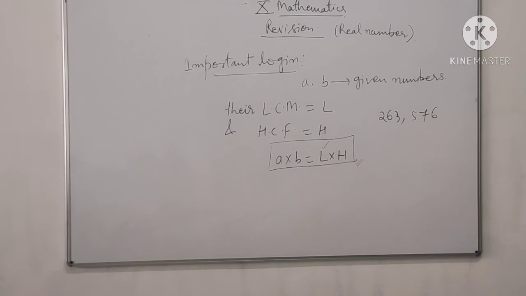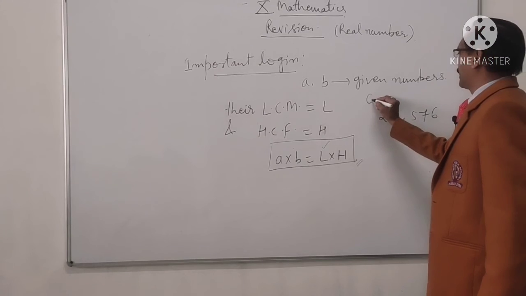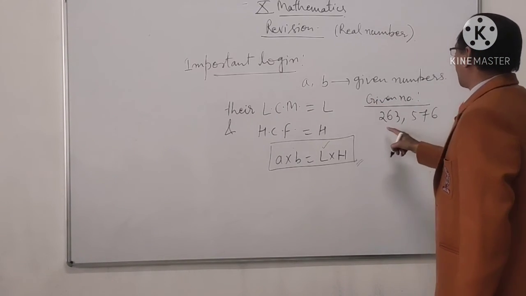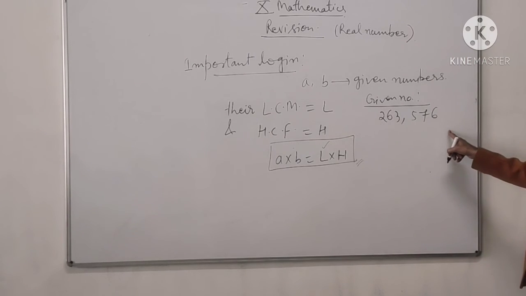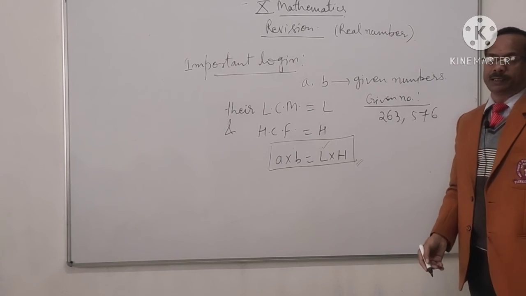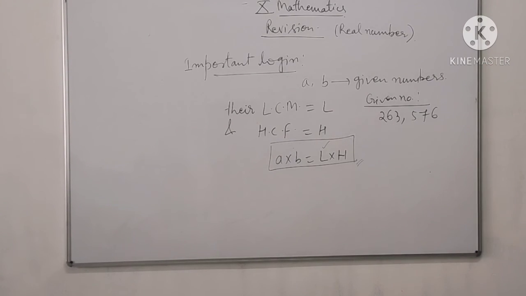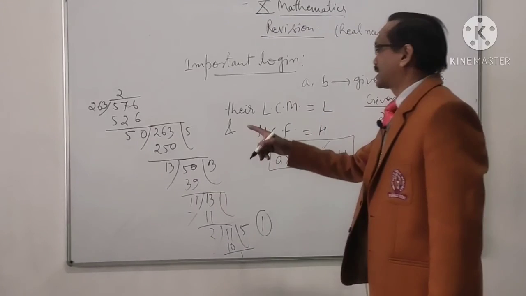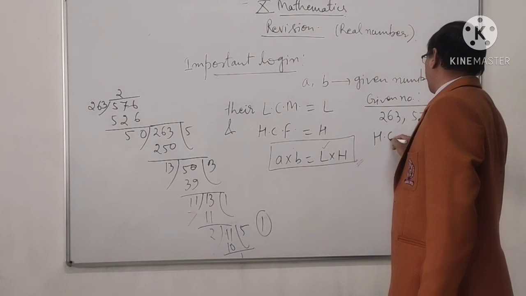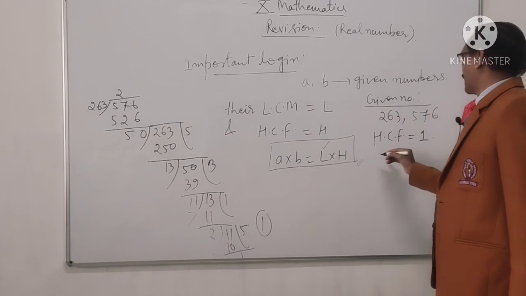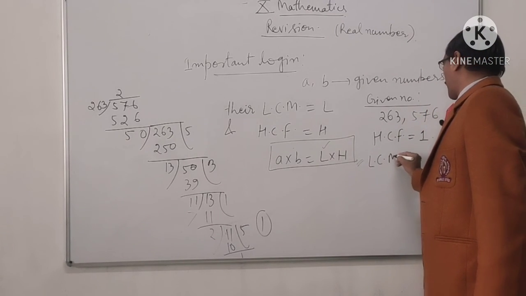Now students, there is a question. Let the given numbers be 263 and 576. Find their HCF and LCM and verify the result. The HCF of these two numbers is 1, and the LCM is their product.